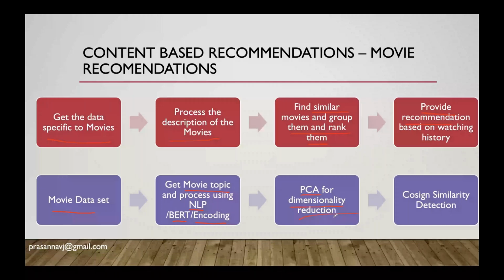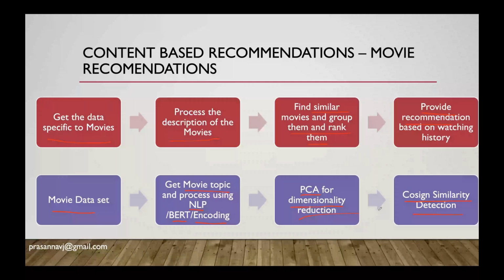And once I take that value, I need to find the similar details available in the whole movie data set. How do I identify the similar data set? I identify using something called cosine similarity. So these are the 3 important steps that we go through for identifying our outcome.